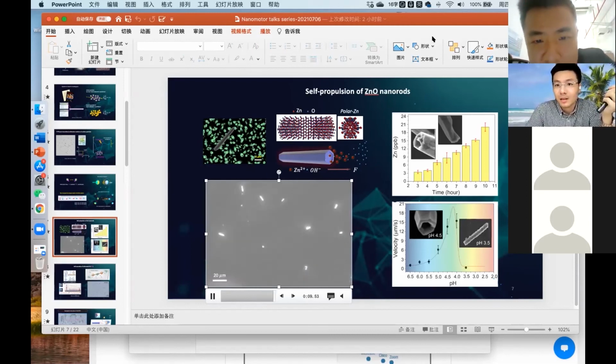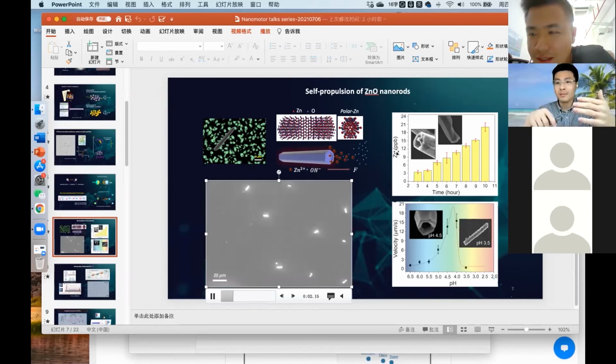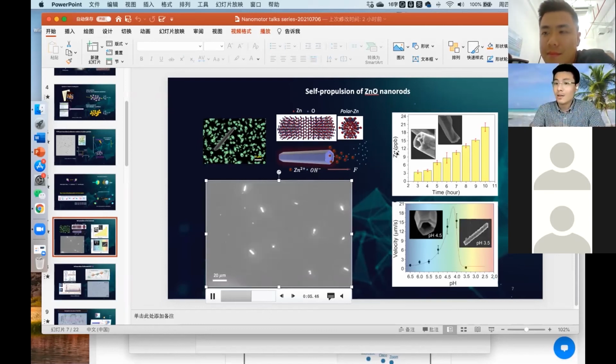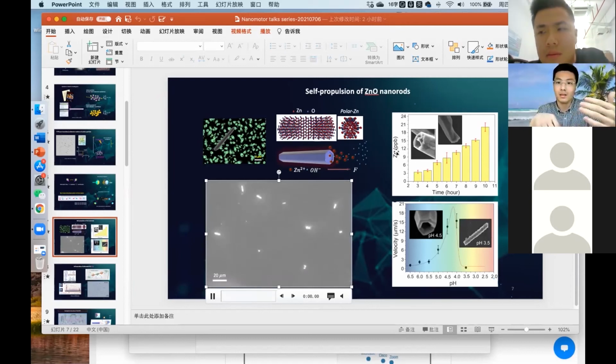Sewan asked, why does the pH profile only show a range from 5 to 8? Thank you for your question. That's because the pH probe we use can only detect a pH range from 5 to 8. Of course, if you use another pH probe, maybe you can do a more accurate pH mapping of the particle system.